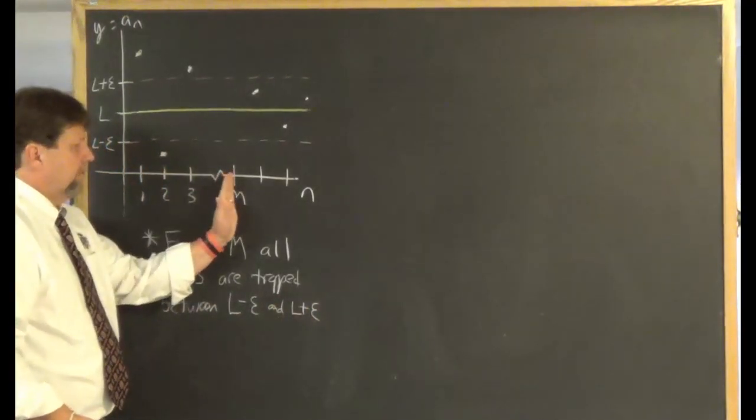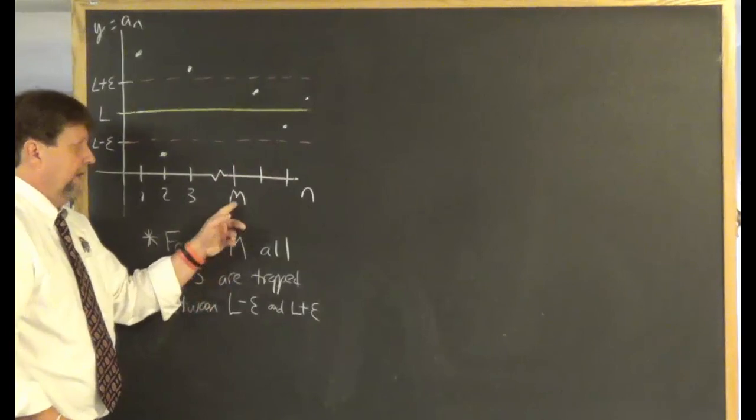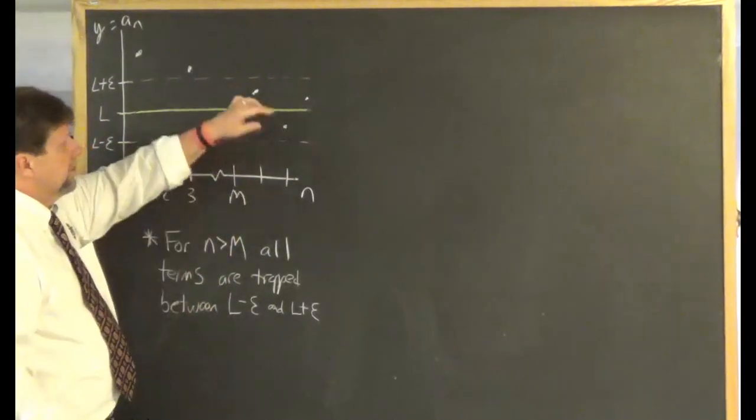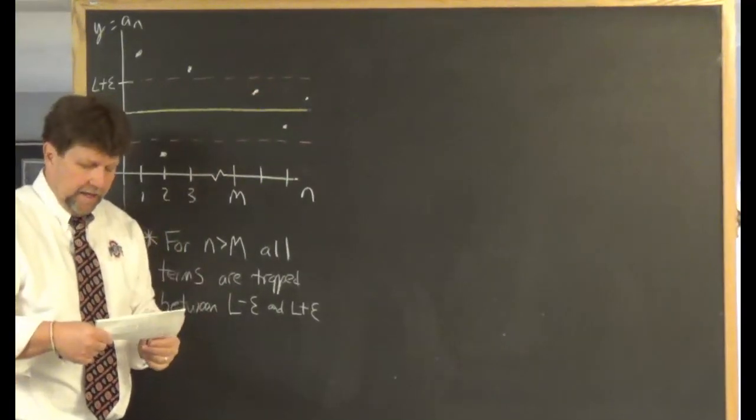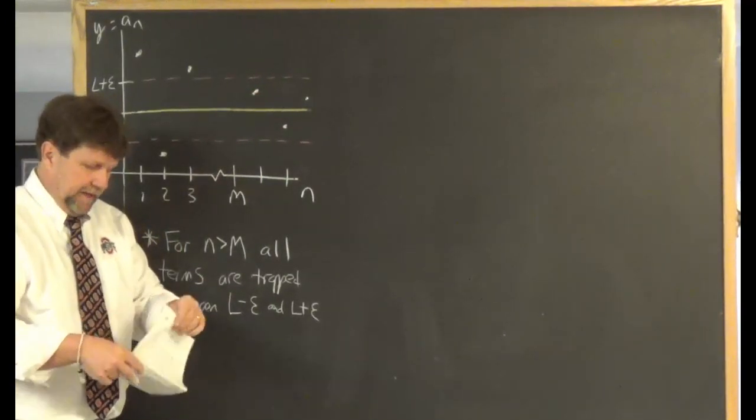So once I get to the right of this value, I'm greater than m, all of the terms are going to be trapped in here, trapped between those two horizontal red dashed lines. That's what that means.